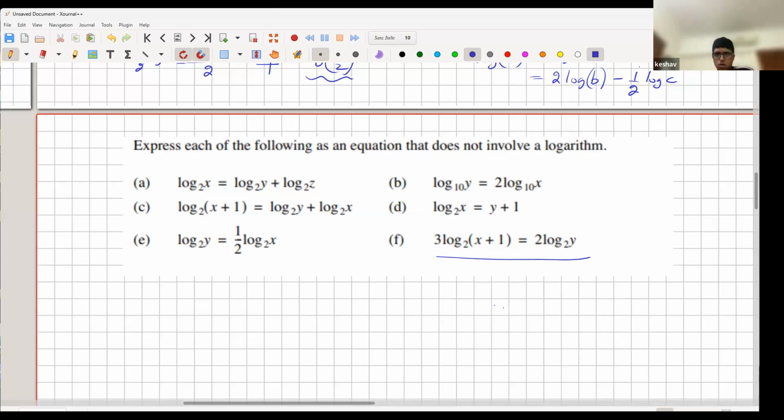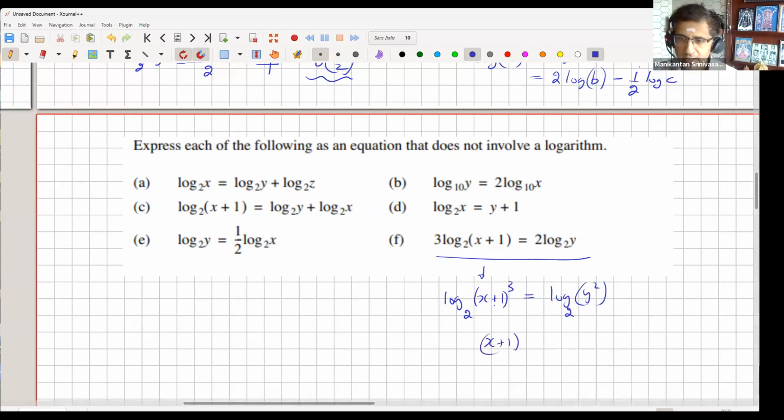So the first part is log of x plus 1 to the power of 3 to the base 2 is equal to log 2 to the power of y over 2. So that means x plus 1 whole cube is y over 2. Exactly. So first write it out such that both have the same log base, and then you can remove the log to the base 2 completely and write it this way.